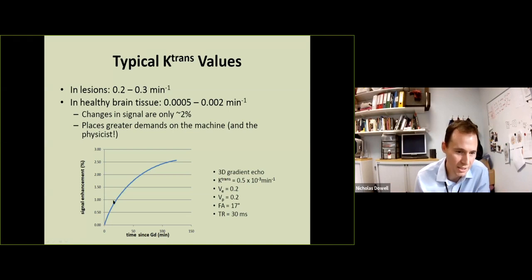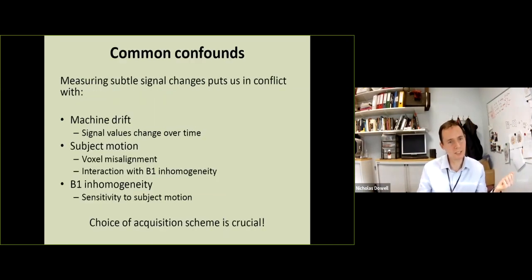And you can see the signal intensity after about half an hour, giving it half an hour to permeate across the barrier, you only see a signal enhancement of 1%. So you're trying to identify a tiny 1% difference in your signal intensity. And you can probably keep someone in there for about an hour, in which case you've used up all your scanner time and you've got about a 2% increase in signal intensity that you're trying to get. So it's not ideal. There are some big challenges there.